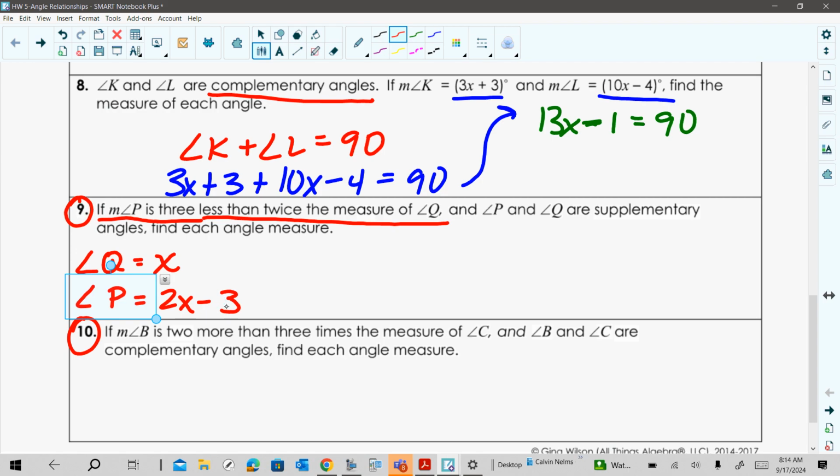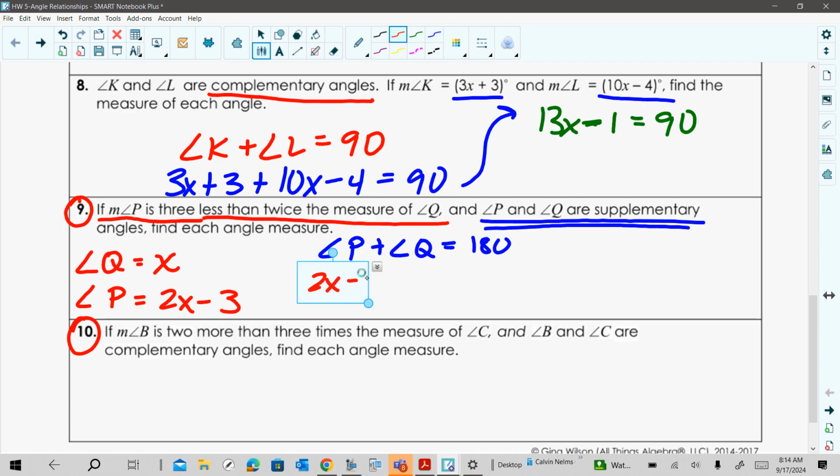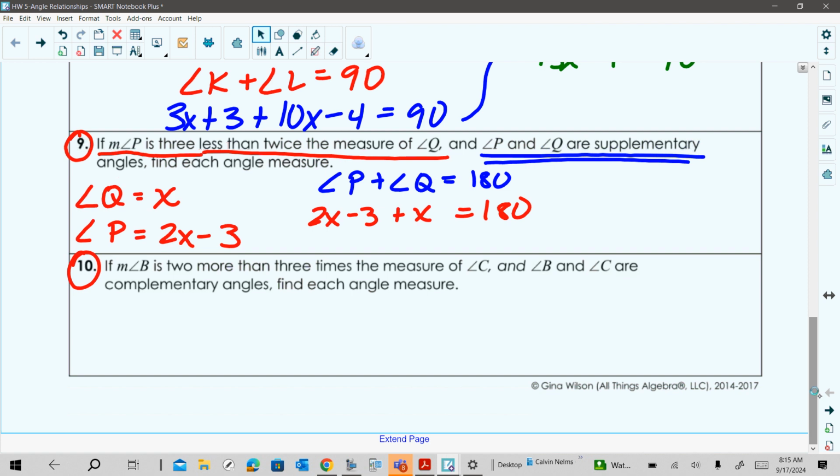Then it tells me here that P and Q are supplementary. So that means angle P plus angle Q equals 180. Now I can substitute into the equation: 2x minus 3 plus x equals 180. So if you did not set this one up correctly, please correct it. You have to solve for x and then plug it in to find the angle measurement.